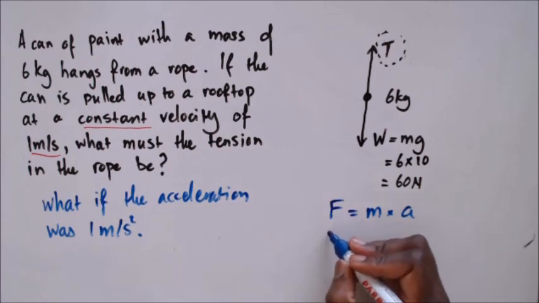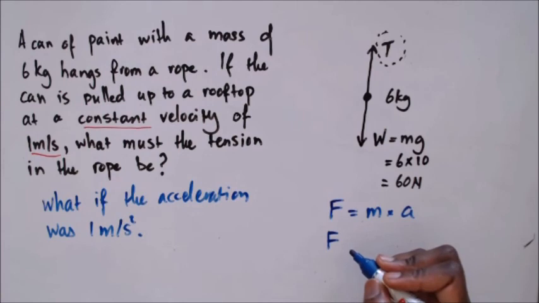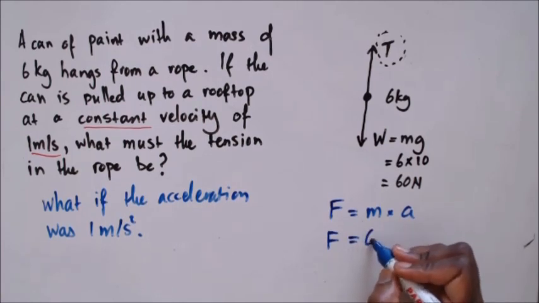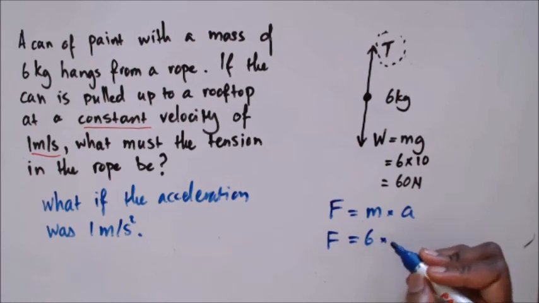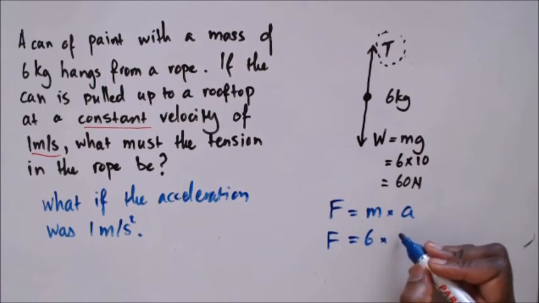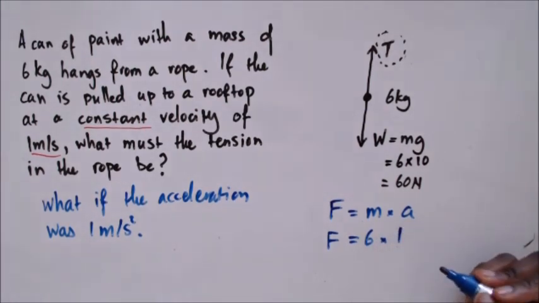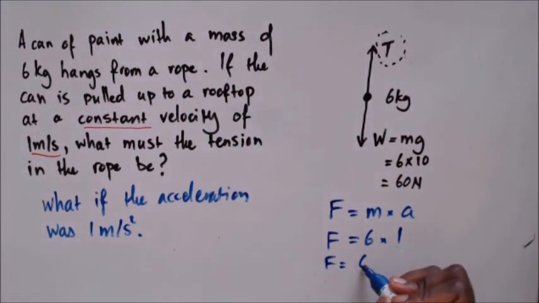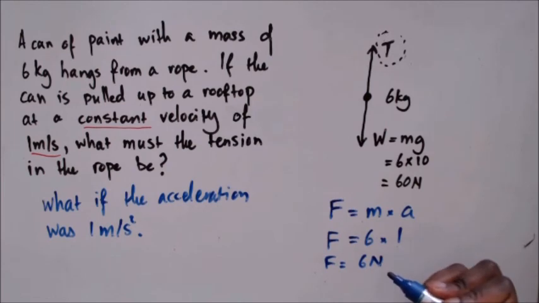We want to know what this resultant force would be, so that is still an unknown, which is F, must equal the body's mass, which is 6 kilograms, multiplied by the acceleration, which is 1 meter per second squared. So our resultant force must equal 6 newtons.